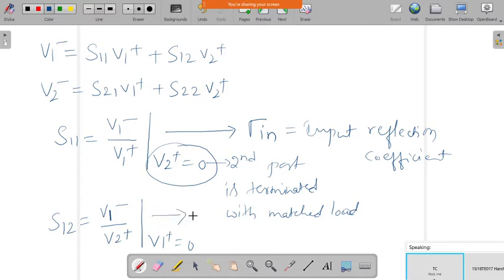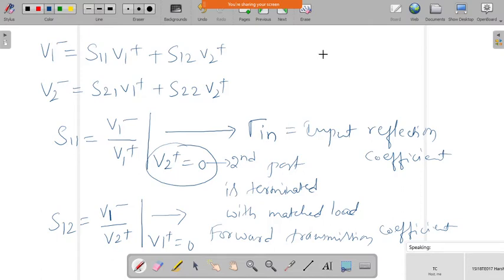We call this the reverse transmission coefficient.